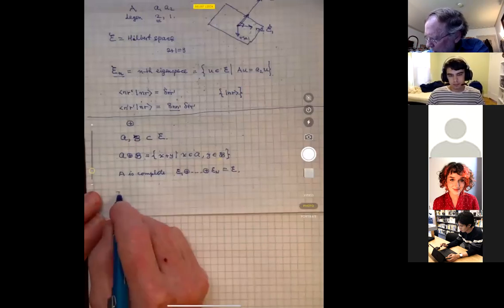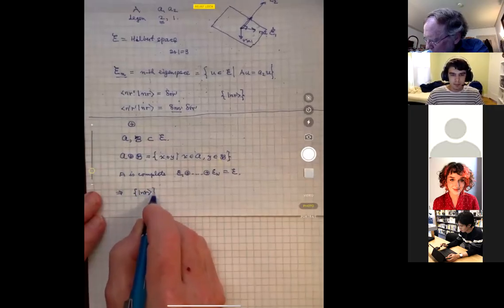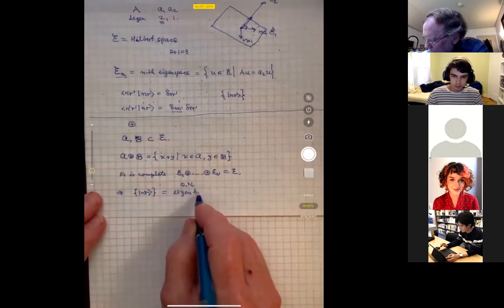So if that's the case, then the collection of all of these is an eigenbasis. It's actually an orthonormal eigenbasis. ON stands for orthonormal here.